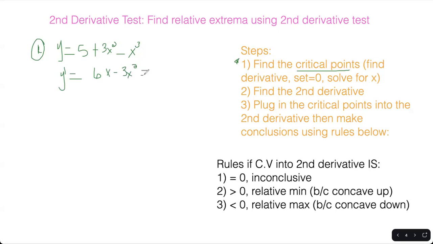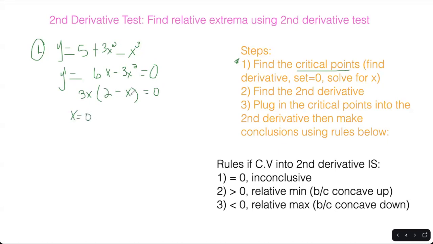Okay, so now I set it equal to 0. I'm going to have to factor this, but this one isn't so bad. We have a GCF here. We can take out a 3 and an x. So I'm going to take out a 3x, and I'll be left with 2 minus x. Then I set 3x equal to 0, which just gives me x is 0.